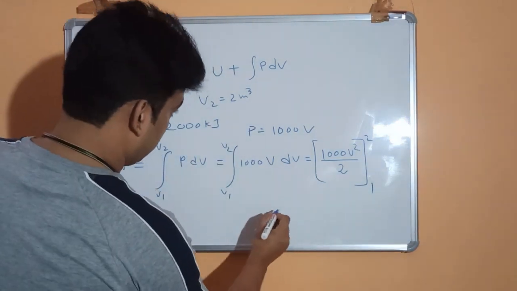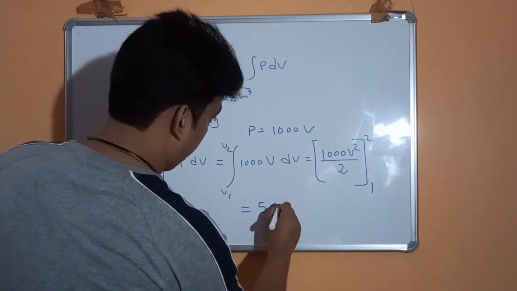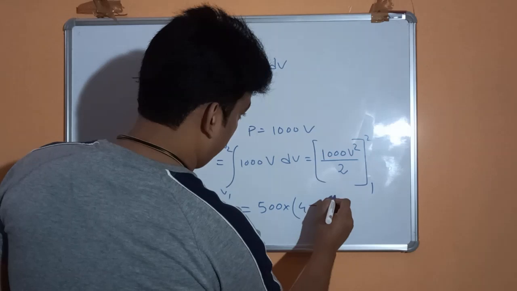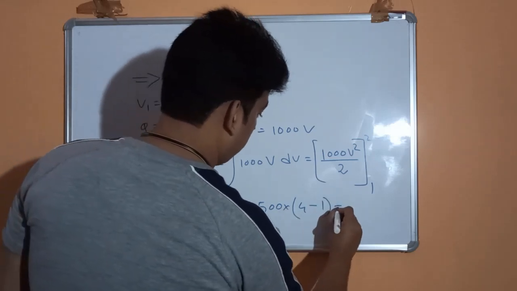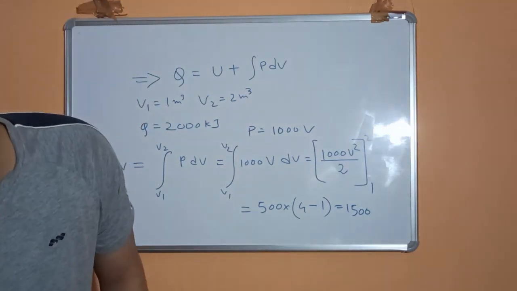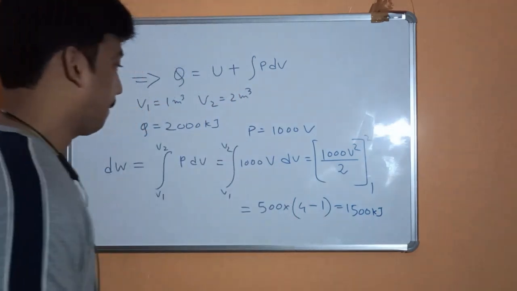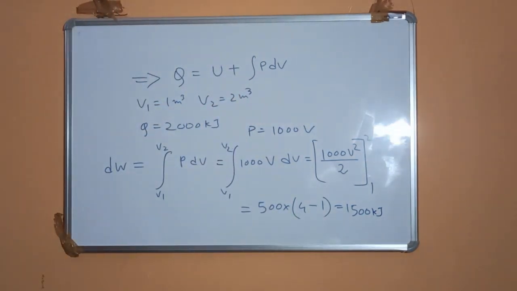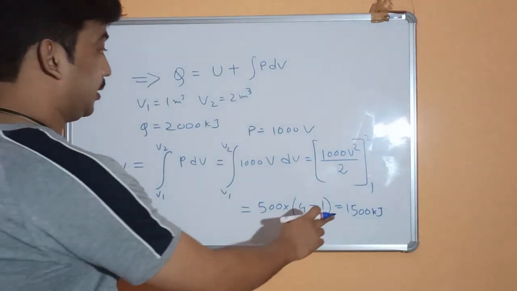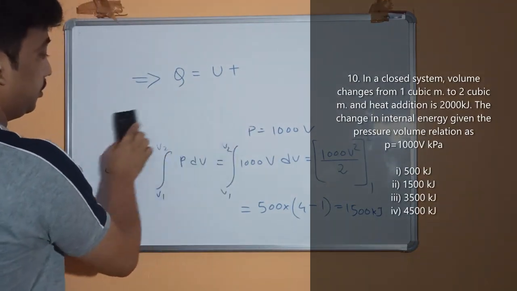So it will come out as 1500 kilojoule. It means our PdV work done here is 1500.